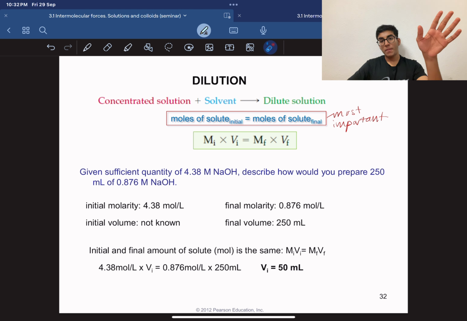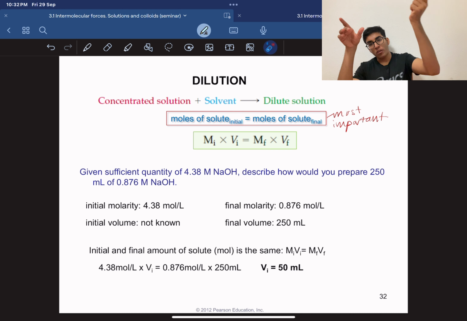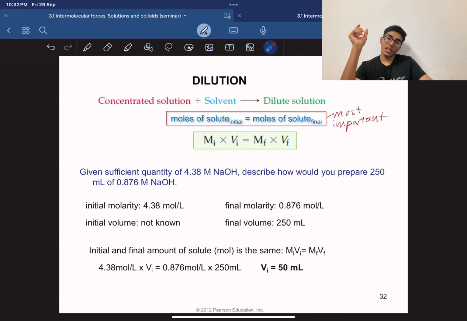What do I mean? Basically the amount of solute particles remains the same. Solvent increases. Basically, I take a glass of water, add 1 tablespoon of salt, mix it in.